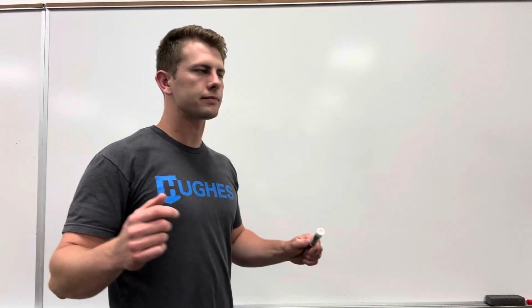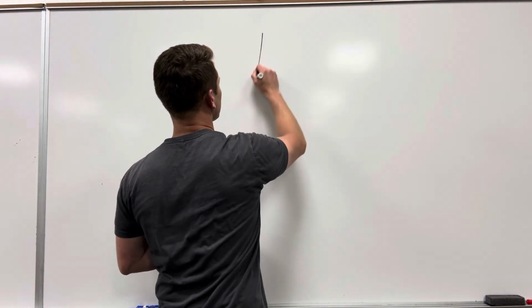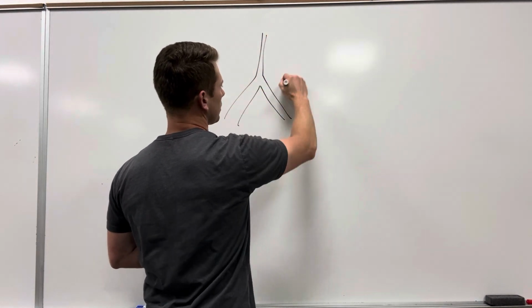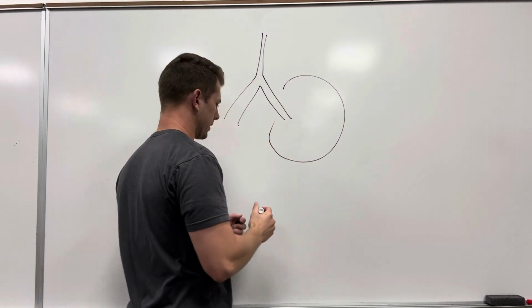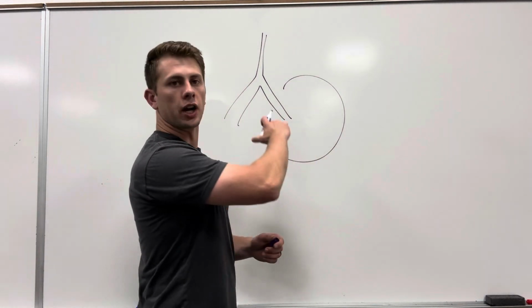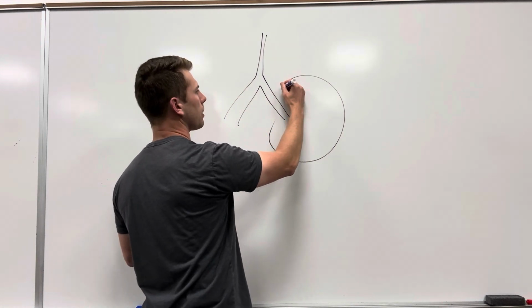All right, here we are going to be talking about the lung. So I'm going to draw a lung real quick. If that's the lung, touching the lung we have a couple different membranes.